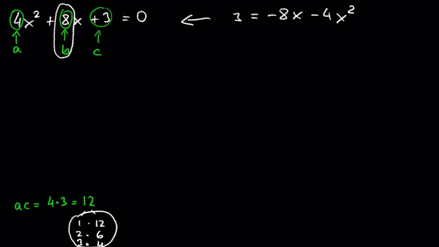The answer is 2 and 6, because 2 plus 6 equals 8. Now we can rewrite the 8x as 2x plus 6x.